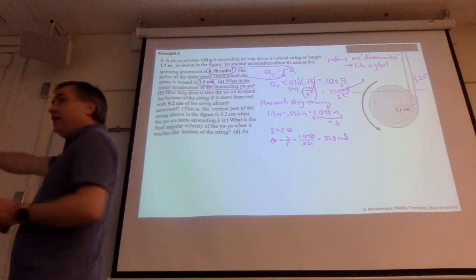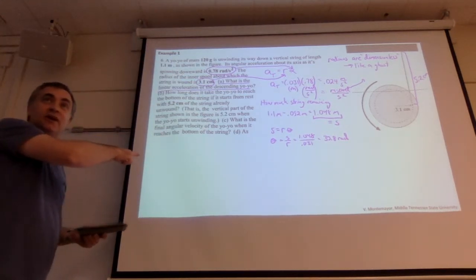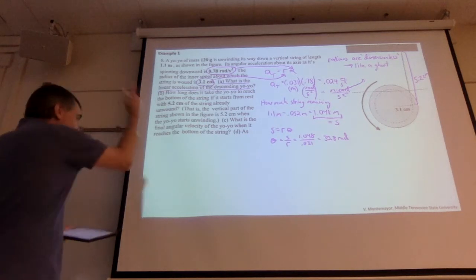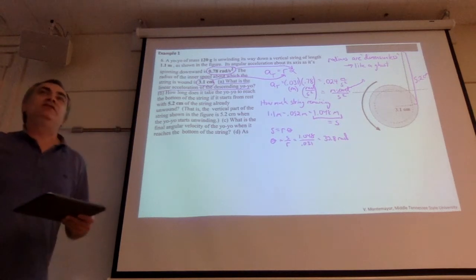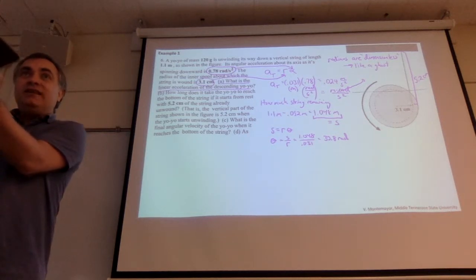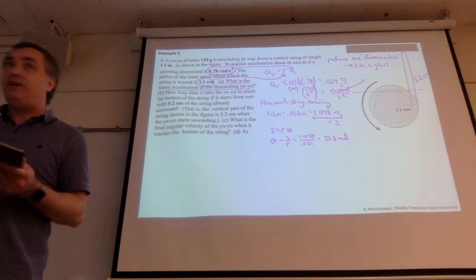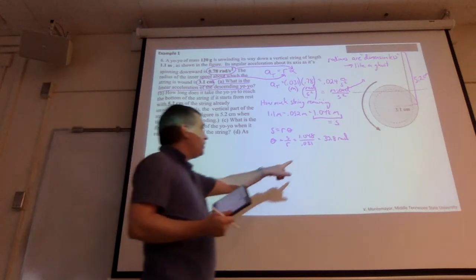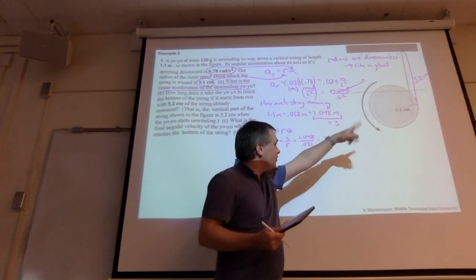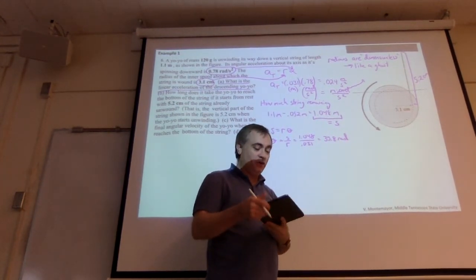Well, I could keep spinning around, and now right here means something else. Or I could spin around 50 times and point to that place, and it means something else. So the same location can indicate multiple angles depending on how many spins you went through to get there, all right? So 33.8 indicates that this is going to rotate several times before it reaches the bottom of the string.